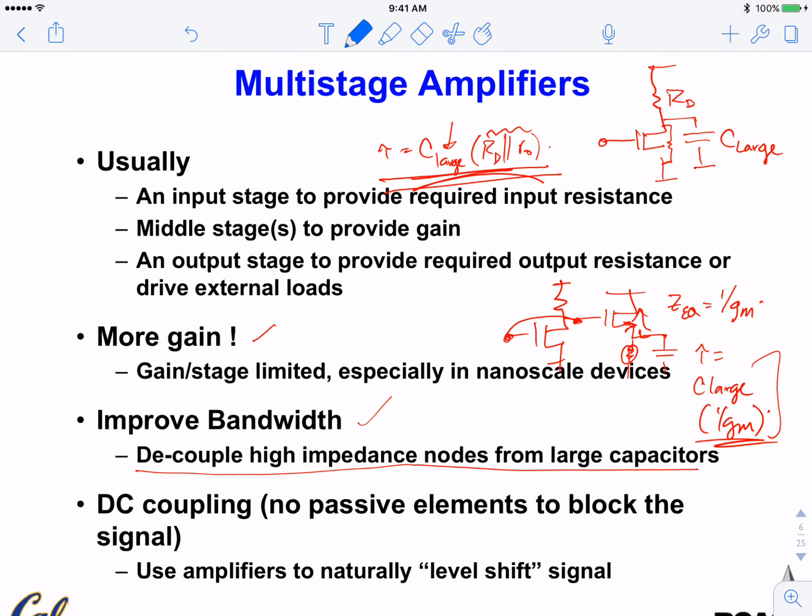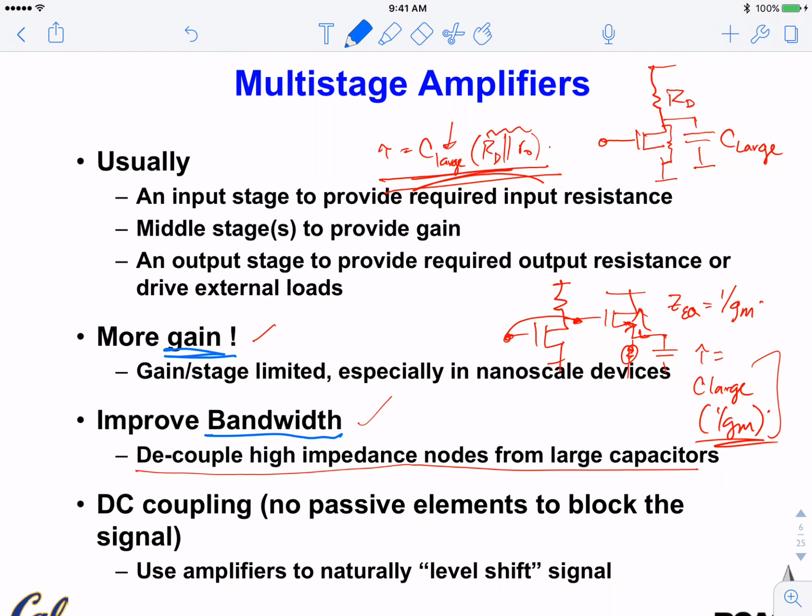And sometimes we also do that not just for gain but for bandwidth. A particular node that has a big capacitance, well, sometimes there's nothing we can do about that big capacitance. If it is Miller effect, we can cap the gain, or if it is high impedance, we can transition to a low impedance. That's all the trick we can play with multi-stage amplifiers.